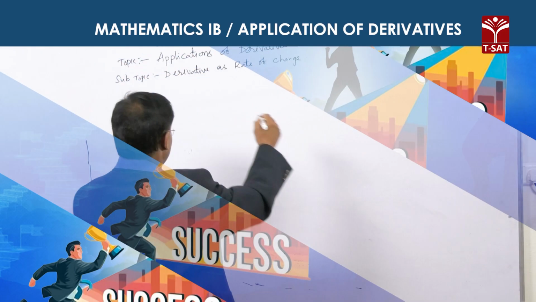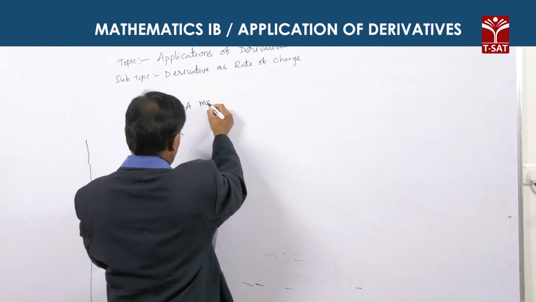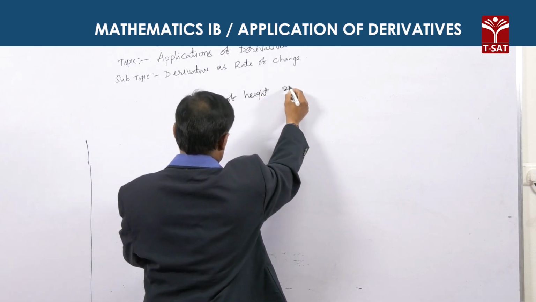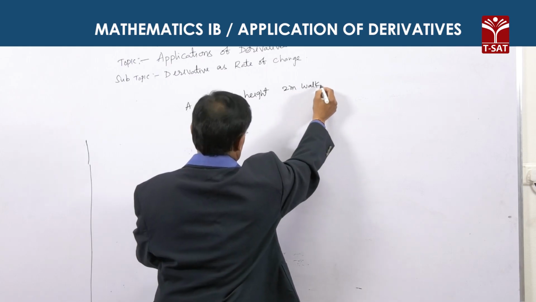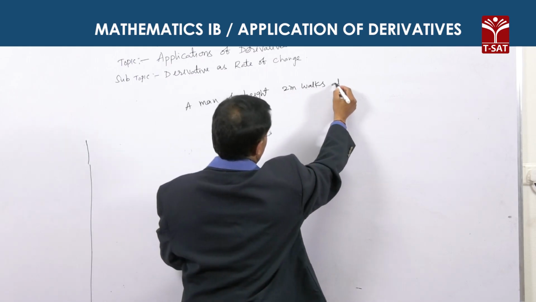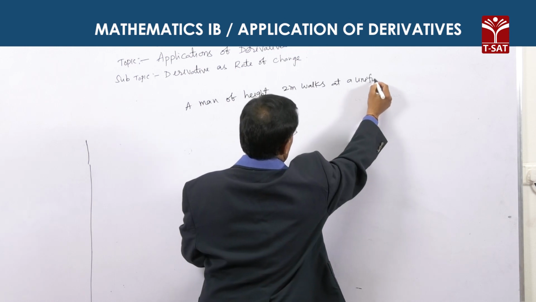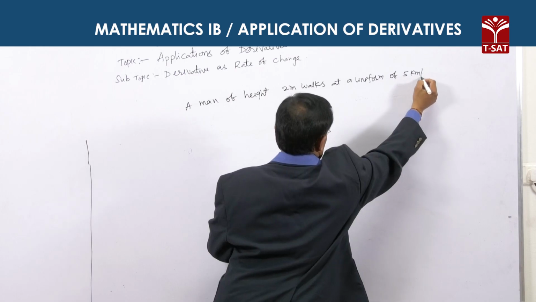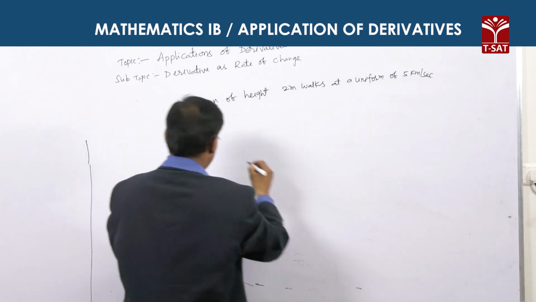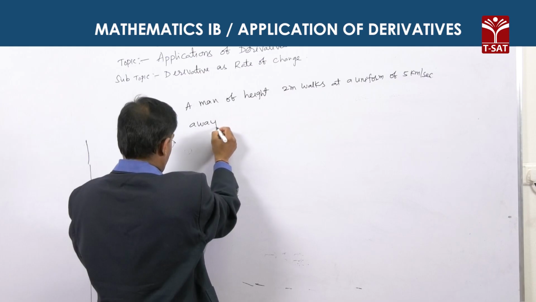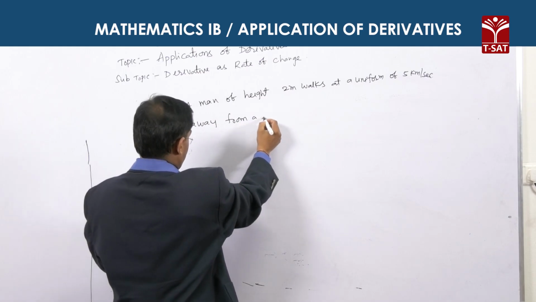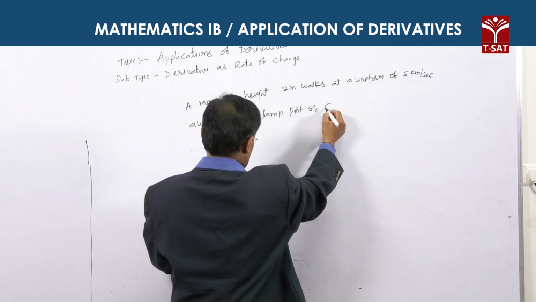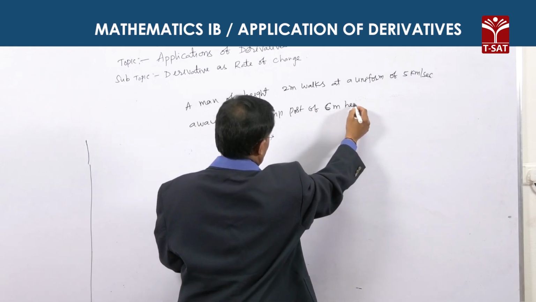Right. Next question, students. A man of height 2 meters walks at a uniform speed of 5 kilometers per second away from a lamp post of 6 meters height.